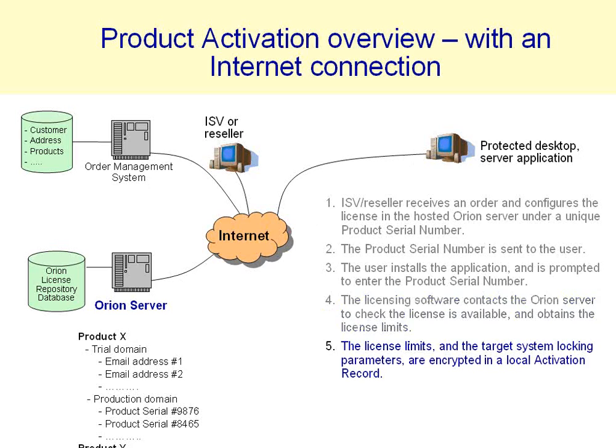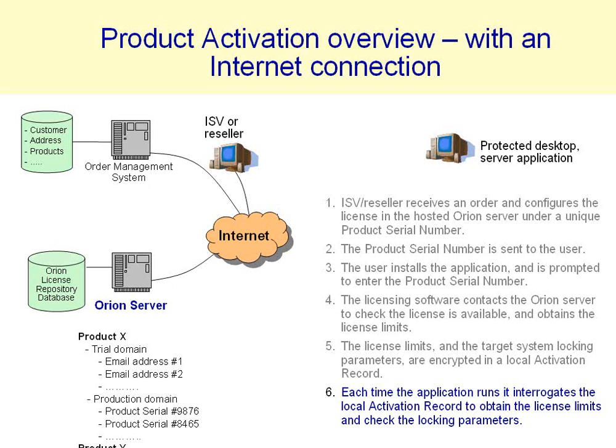It also reads from the machine it's running on the parameters of the machine that the license is to be locked to. So MAC address, host ID, CPU ID, hard disk ID, whatever it might be. And it takes those locking parameters and the license limit information and encrypts it and saves it in a file that's local to that machine that we call the activation record.